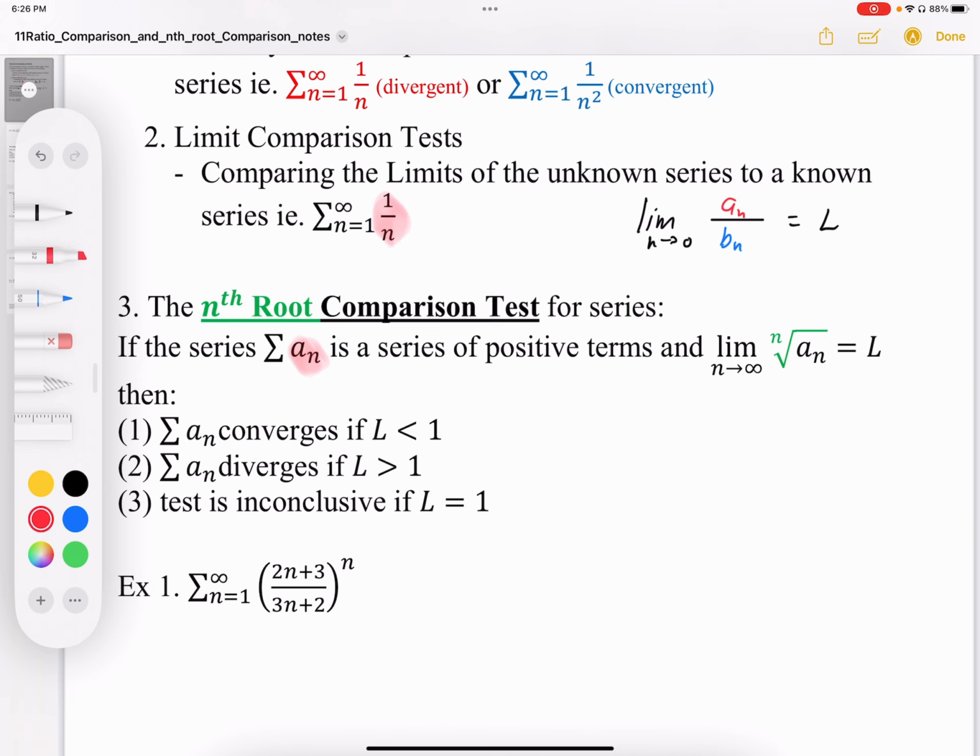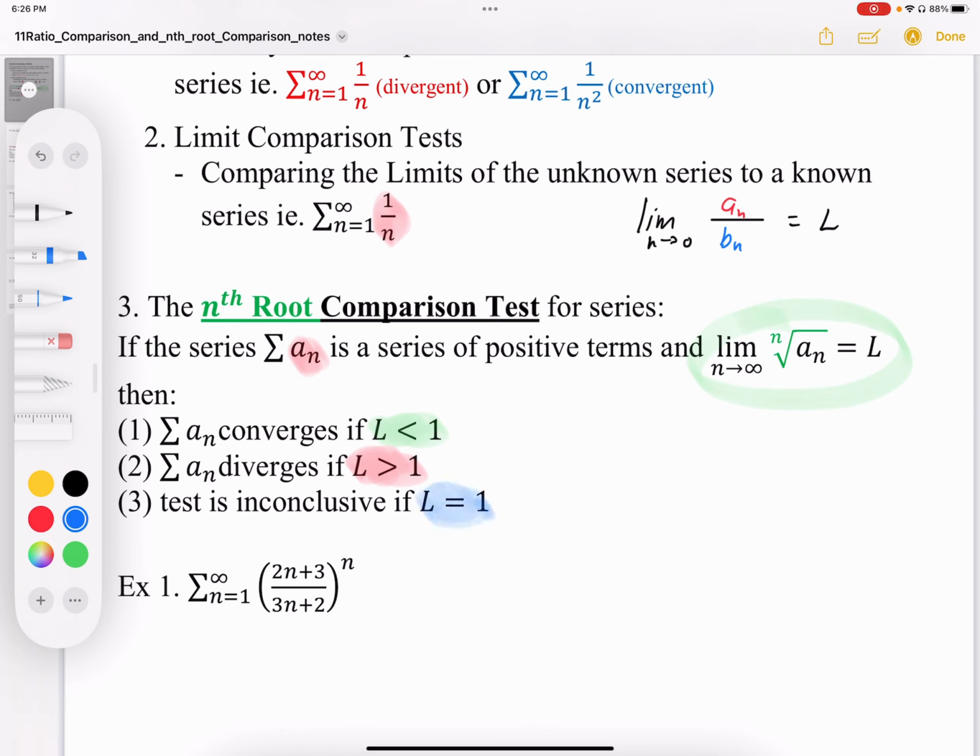We take the nth root of the an term inside the series, and let n go to infinity and see what happens. If the limit is less than 1, we can say it converges. If the limit is greater than 1, we say it diverges. And we have inconclusive evidence if it equals 1.